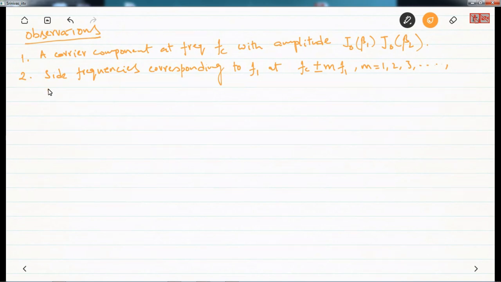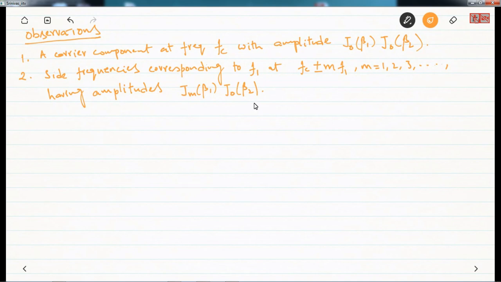And their amplitudes are Jm of beta 1 and J naught of beta 2. So first make a note of it, then we'll observe whether this is true or not.